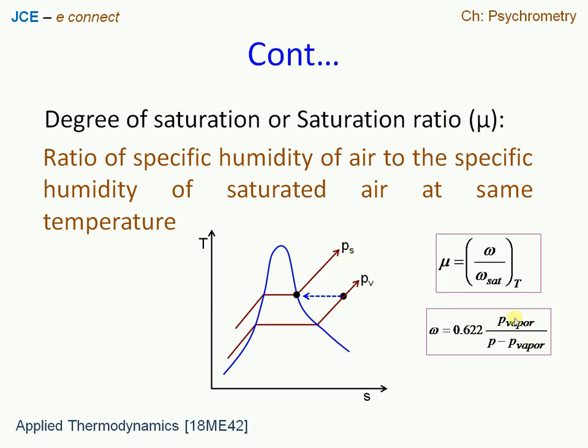Therefore one can replace PV with PSAT. So we have a modified equation here, the same equation for the saturated condition. Since we are talking about the degree of saturation, omega S, or omega at saturation condition, when the saturation pressure becomes equal to the vapor pressure, one can replace the vapor pressure with the saturation pressure. So this is about the degree of saturation.